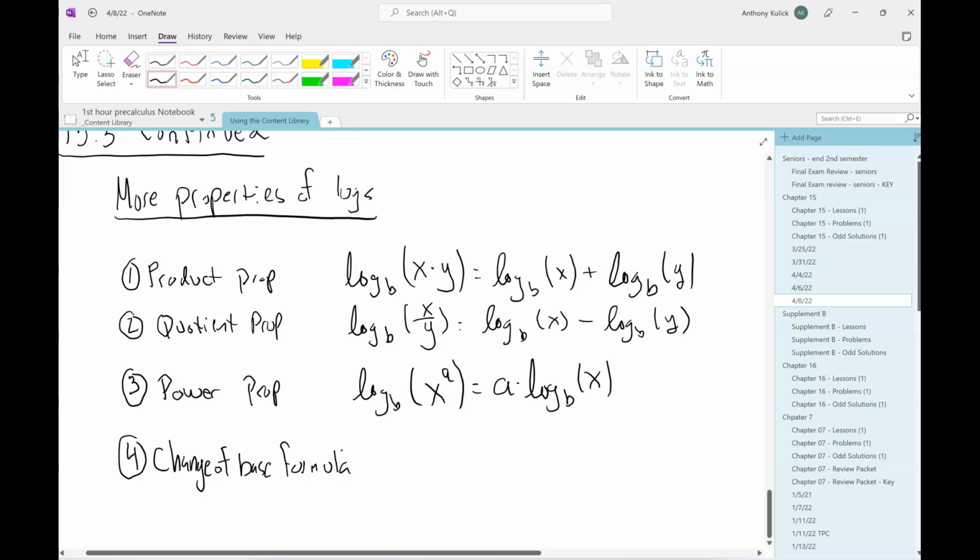The last one is called the change of base formula. It says log base b of x is equal to log base a of x divided by log base a of b.